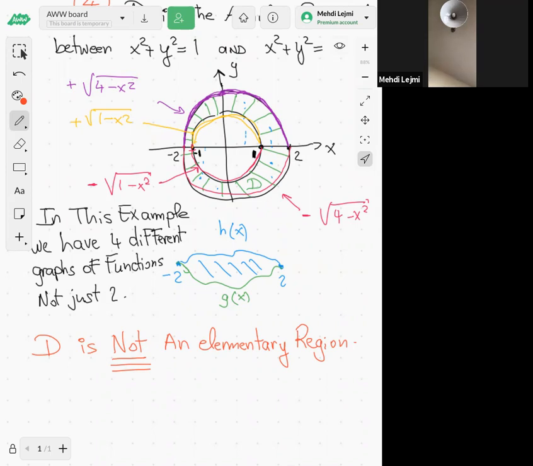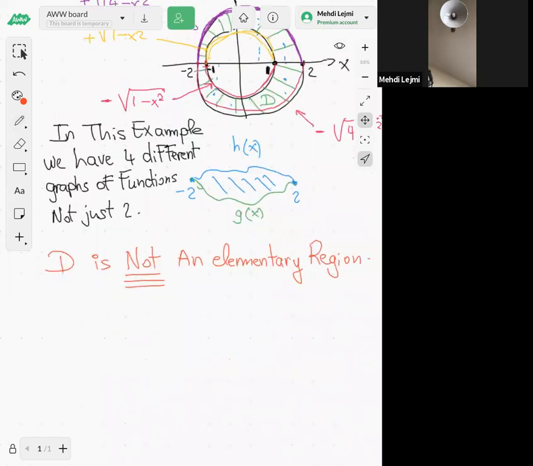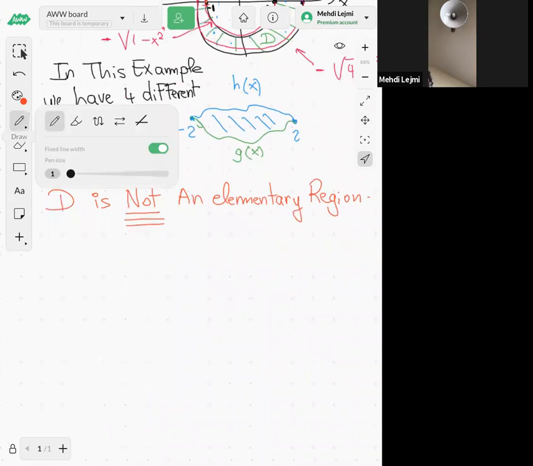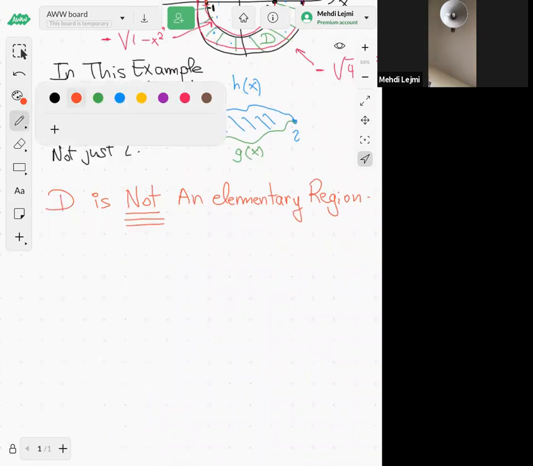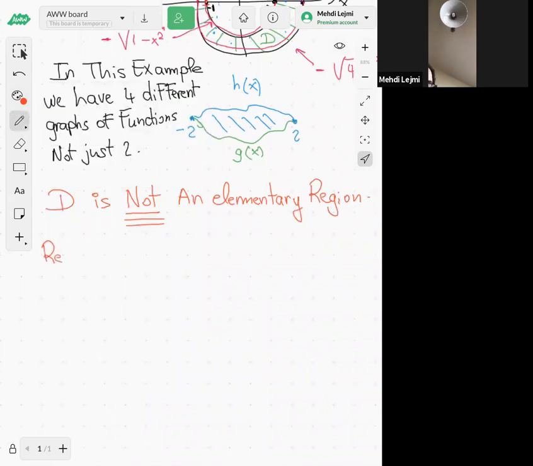I'm probably going to leave this for the homework. We can describe D as the sum of four different elementary regions. Let me just remark here that D itself is not an elementary region, right?